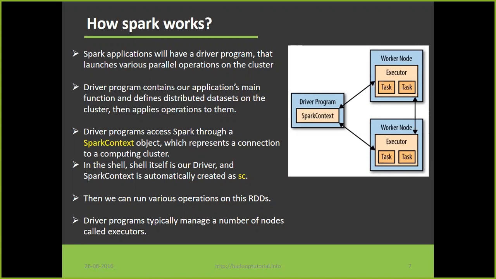The same way here in Spark also, we have that driver program from which you call that main method. Inside that main method, you have all the configuration set up and the Spark context object created. Okay, there is a lot more to discuss on Spark context in the coming slides. So the driver program contains our application's function.